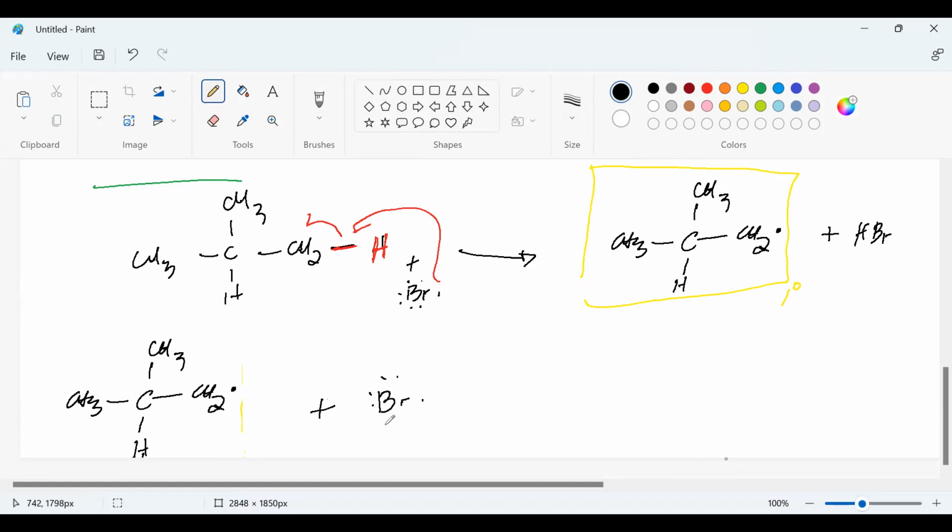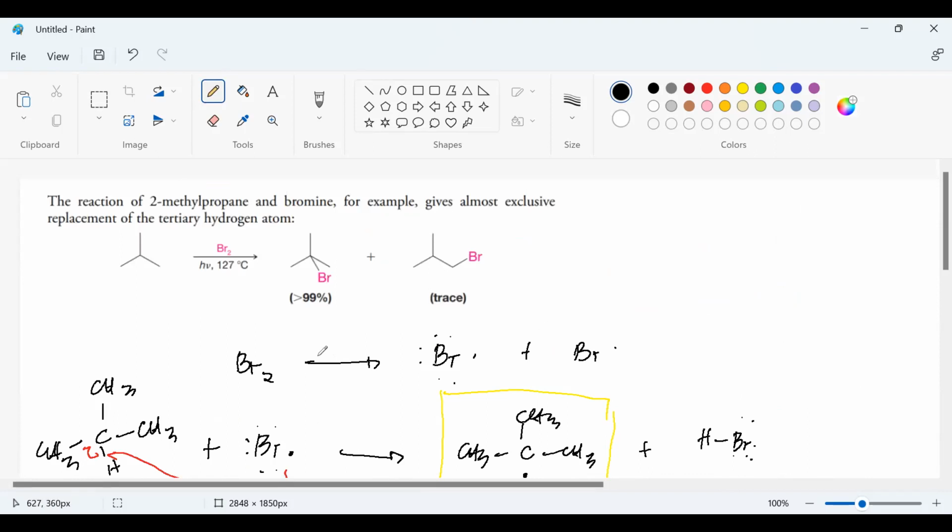Okay, first I'm going to show you. You will get your 1 degree alkyl halide, and this one is produced at a lower yield, just traces in here.